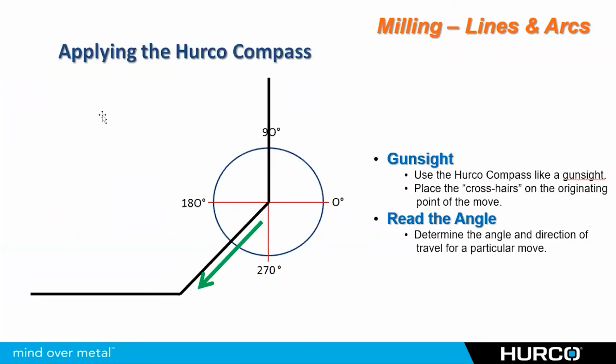And the way we use those is if we put the crosshairs or the center of that compass on the point we're coming from, then we can imagine or draw our line through that compass to the point we're headed to. And you can see wherever it crosses on that compass is going to be the degrees that we need.